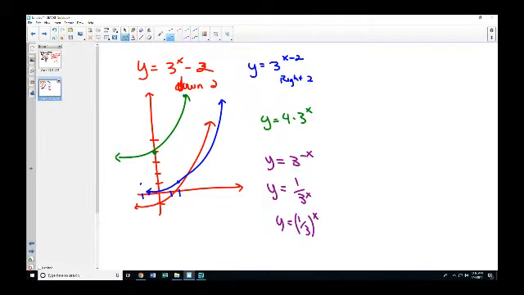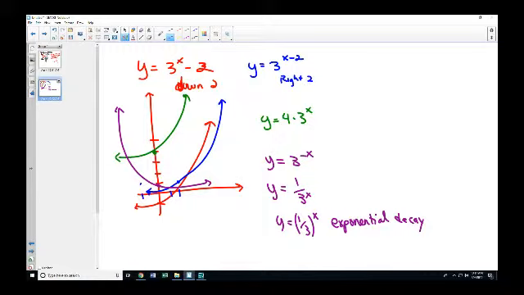You know what that looks like? Maybe like this. It changes it. Remember, a reflection over the y-axis. If you put a negative in with the x, it reflects it over the y-axis. So again, more parent function stuff. This is what we would call exponential decay.